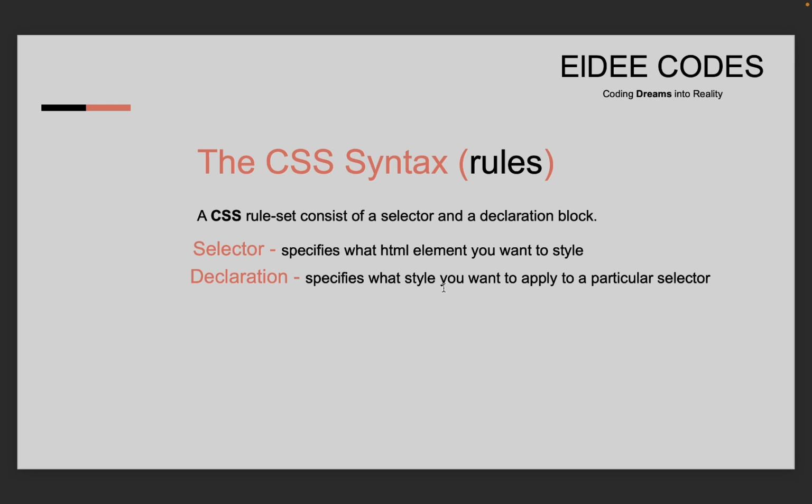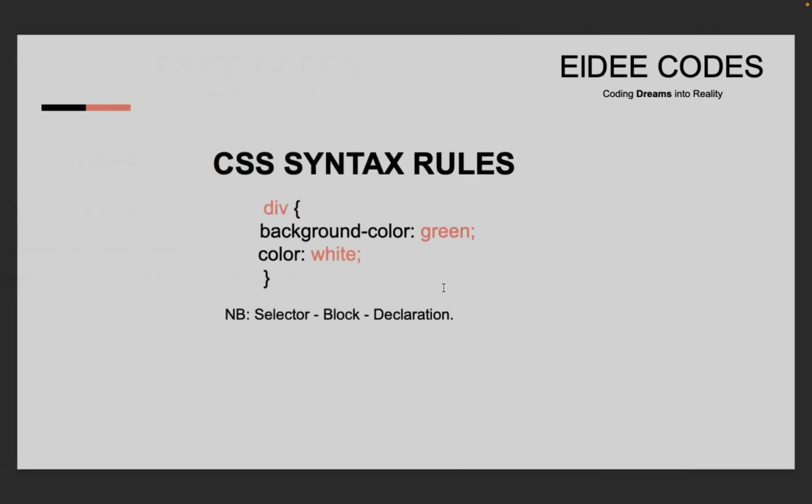Maybe you have selected a particular div or a particular tag you want to style. Then you want to give it maybe a background color of blue, maybe a color of red, maybe a font size of 30 pixels, and so forth. That's the declaration. So you should have this in mind when writing internal CSS.